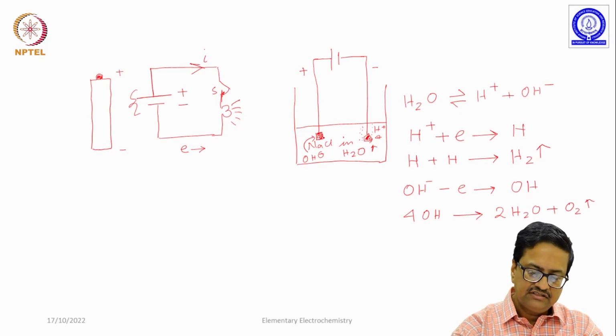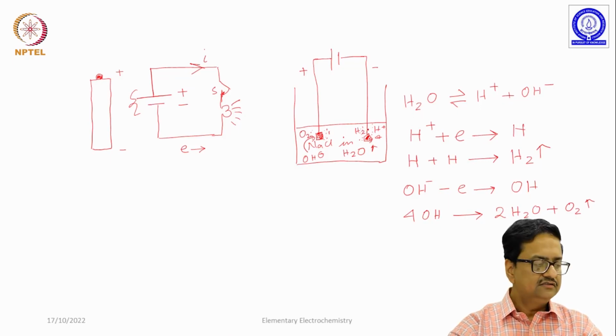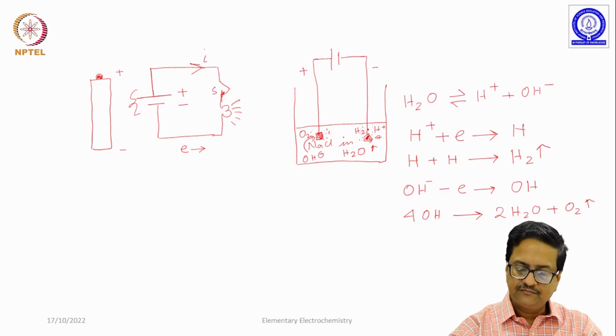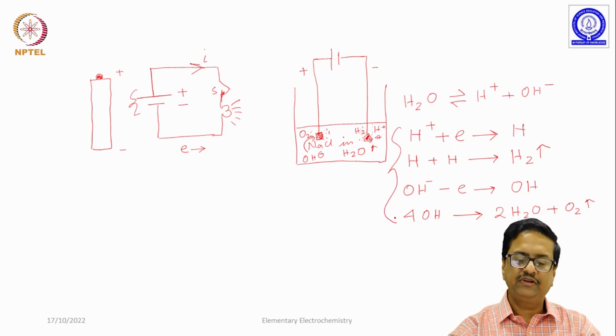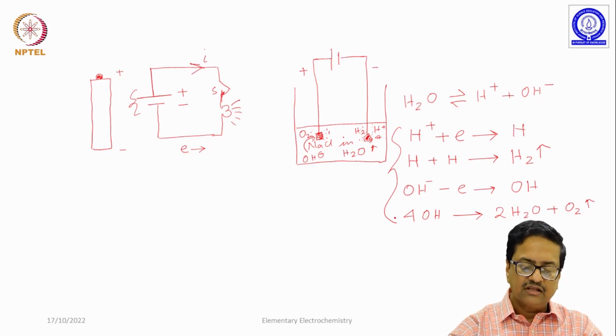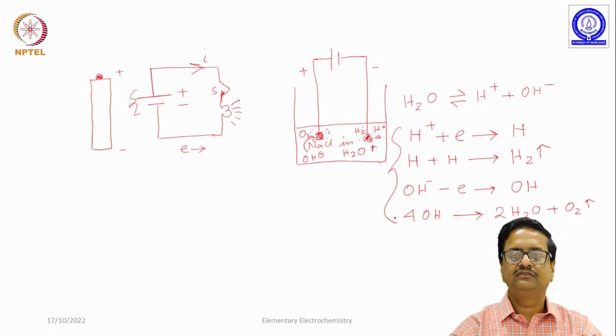As a result, you will see the oxygen gas is coming out and hydrogen gas is coming out. So this is your very well known electrochemistry experiment that you might have done in your childhood using a battery and some wire. And what you see is that these chemical reactions are simultaneously happening in this solution, and it is breaking water into hydrogen and oxygen.